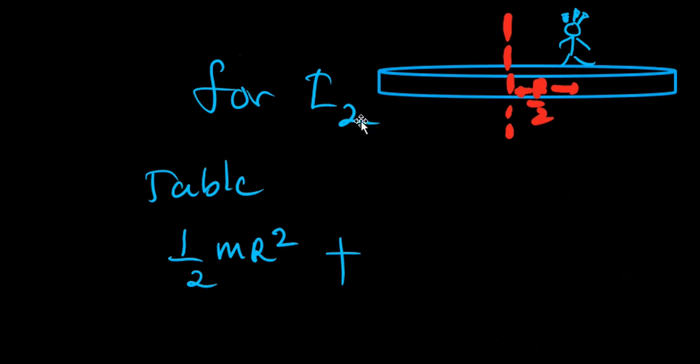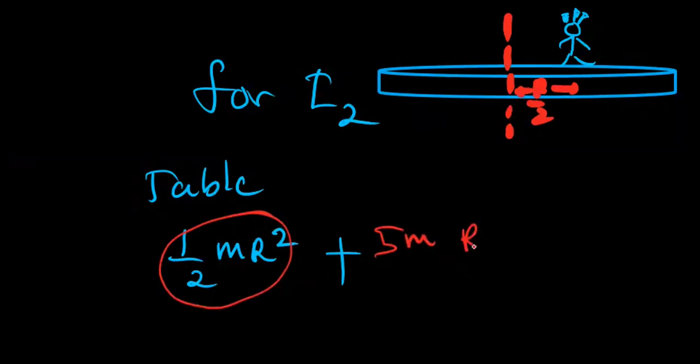Now I2. When in this situation the person is at r by 2 distance from the center, the moment of inertia of the table is still the same. The person has moved, the mass 5m, r by 2 distance now from the center, so we have to take r by 2 squared value distance from the center.